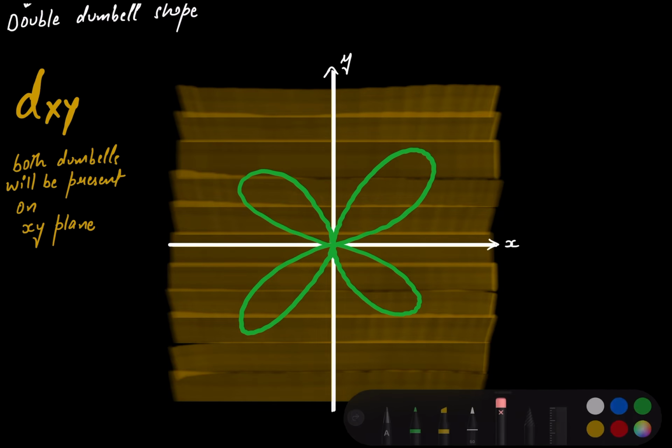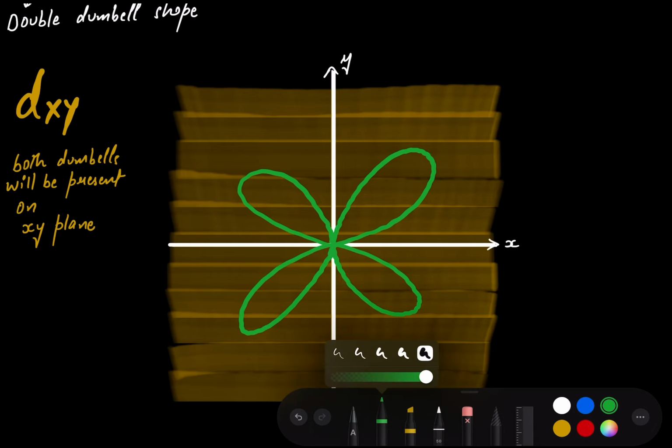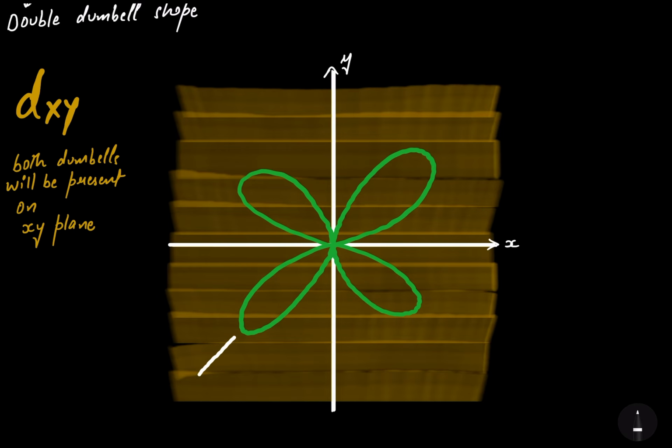Now let's draw the z-axis. Sorry, z-axis, I'm so sorry, that's z-axis. Now you can imagine this diagram in the 3 dimensions. That's the dxy.